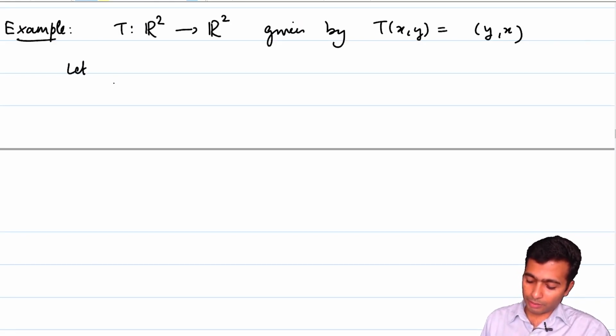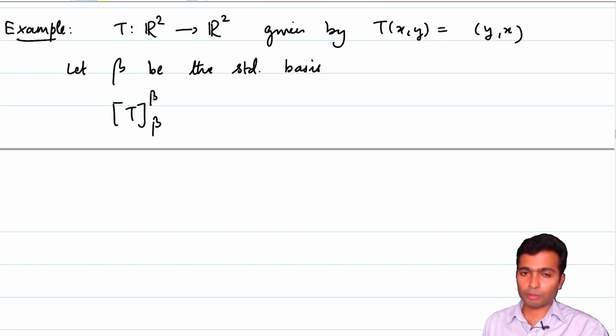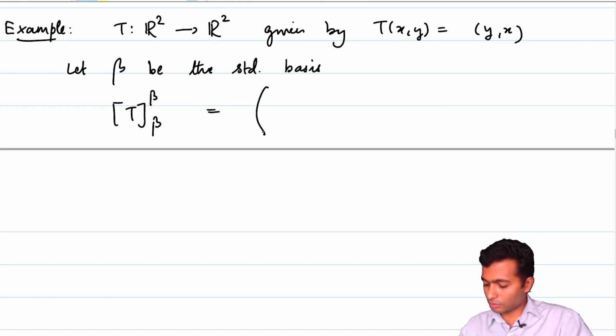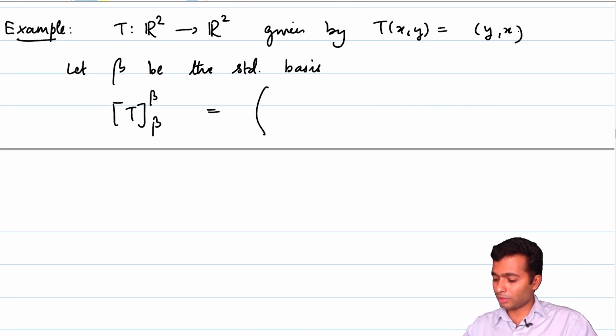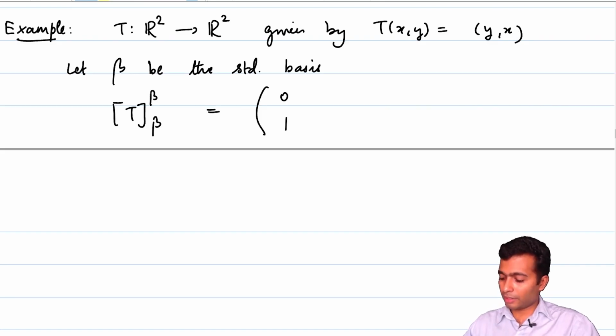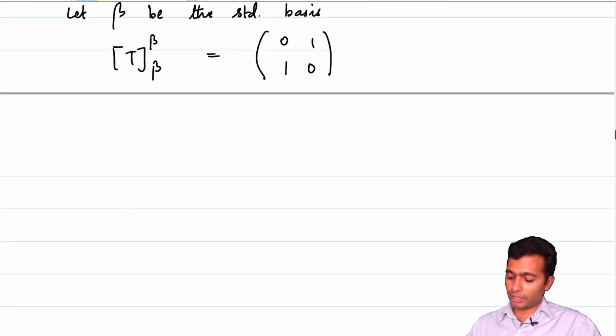So let beta be the standard basis, and what will be the matrix of T with respect to beta? Let's see what is T of 1 0. T of 1 0 is going to be 0 comma 1, and T of 0 comma 1 is 1 comma 0. So this is precisely the matrix of T with respect to beta, and it has real entries.